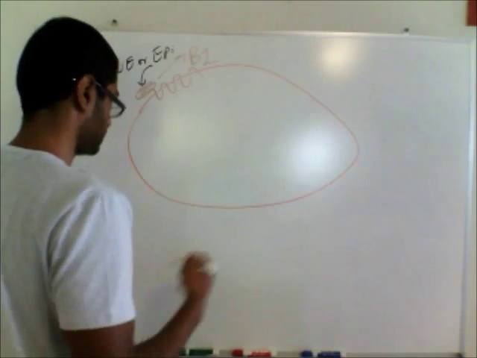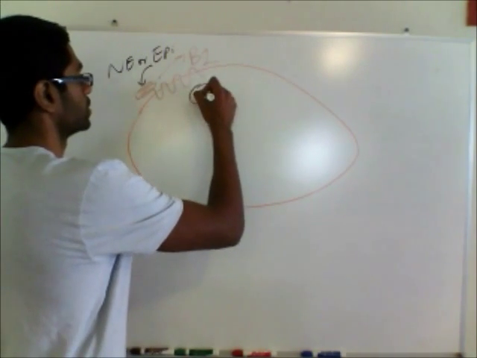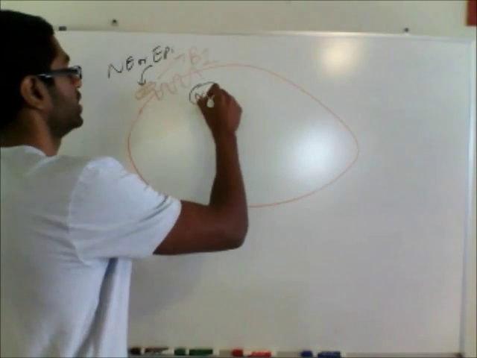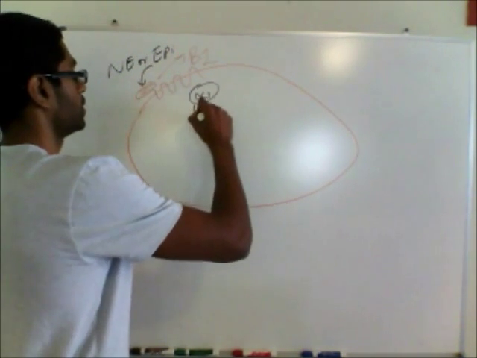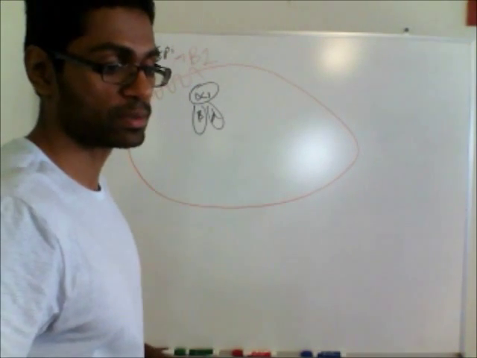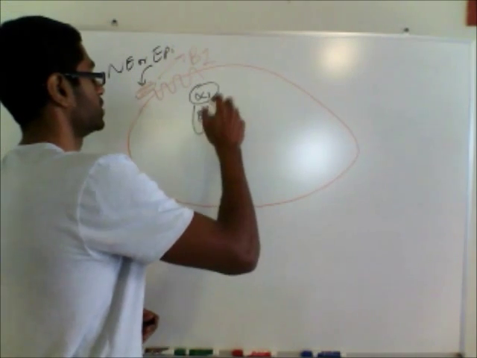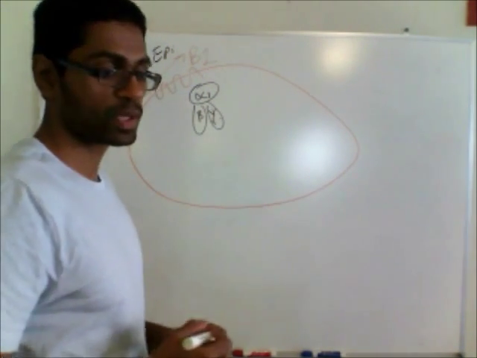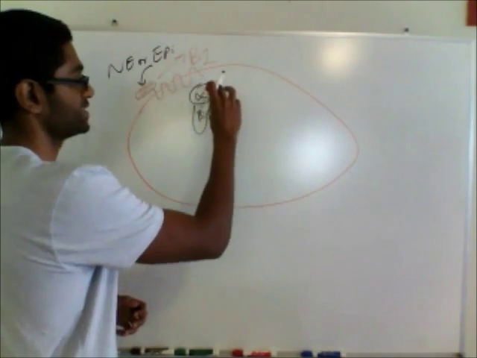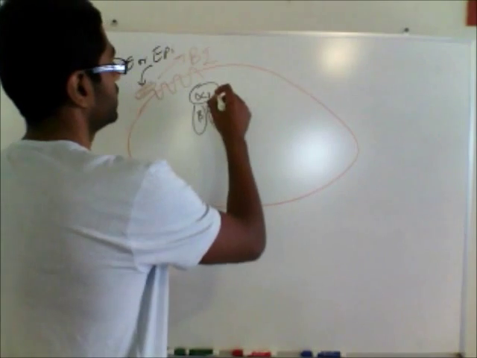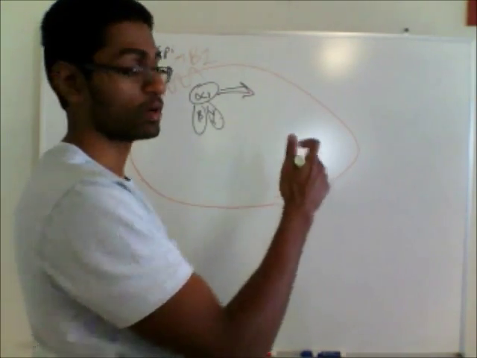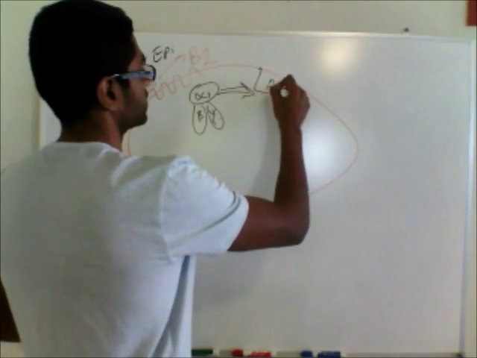The G protein is a trimeric protein. It has alpha 1, beta, and gamma. Once this binds, it's going to cause a conformational change, and the alpha and the beta-gamma are going to separate. The alpha goes in, and it activates a protein called adenylyl cyclase.